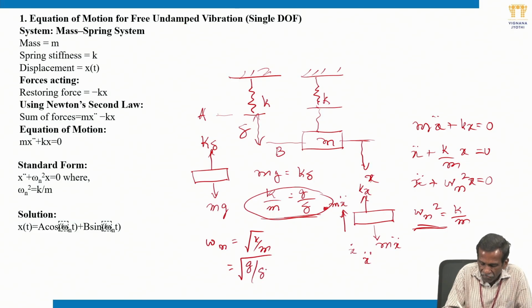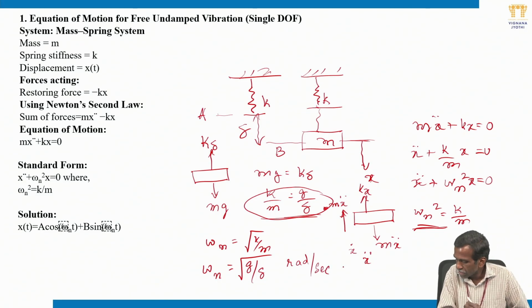If you know the static deflection, this can be written as square root of g over delta. This is the natural frequency of the system. That's why we are using n. Its unit is radians per second. It is clear, I think.